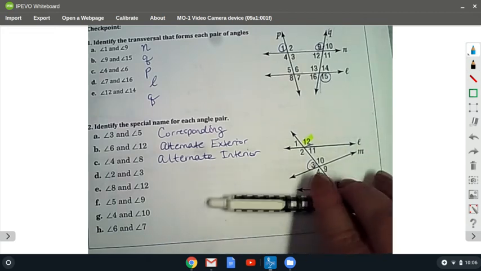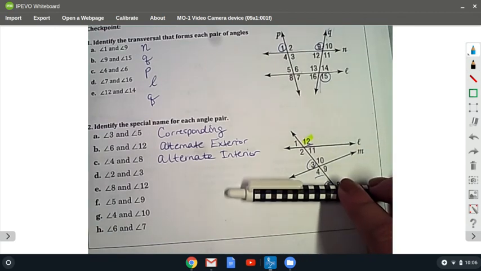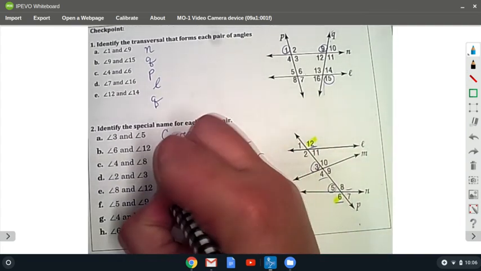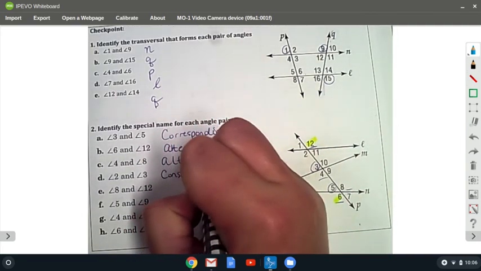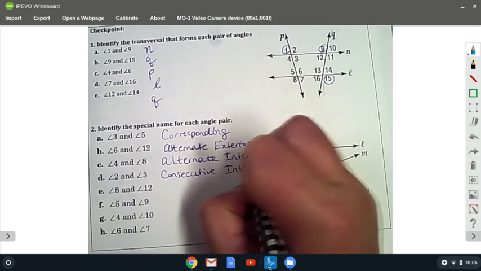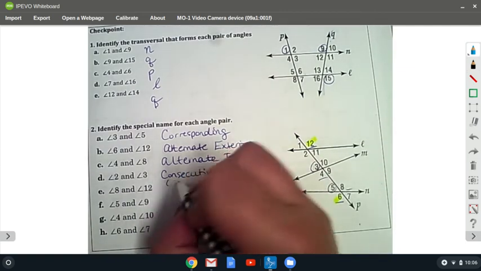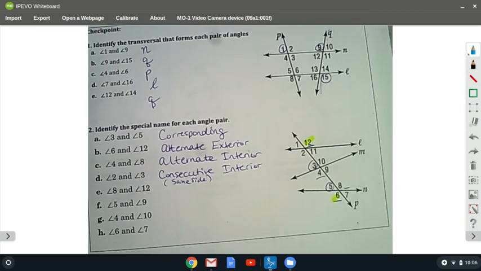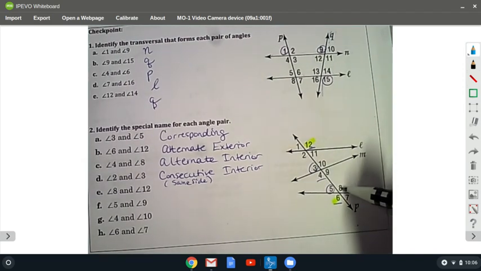2 and 3, if I cover up my bottom line, 2 and 3 are on the same side, and they're inside. So that would be consecutive interior. Sometimes you'll hear people say same side interior instead of consecutive. That's okay too. 8 and 12.